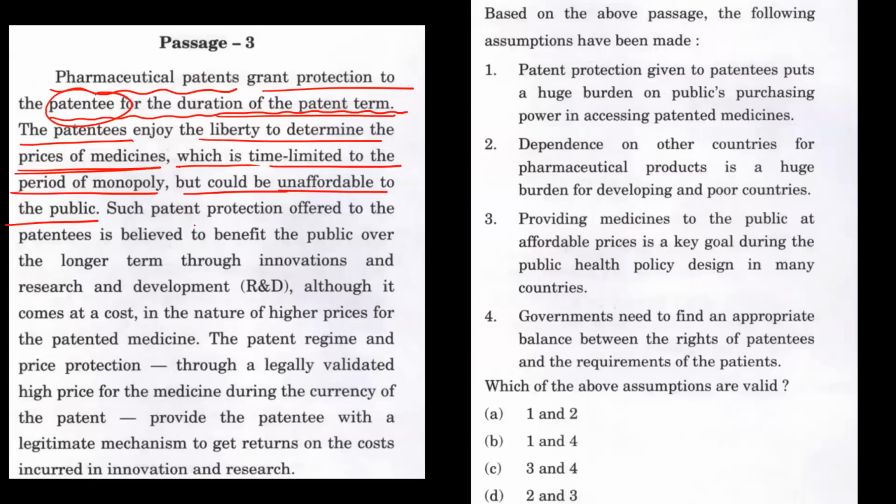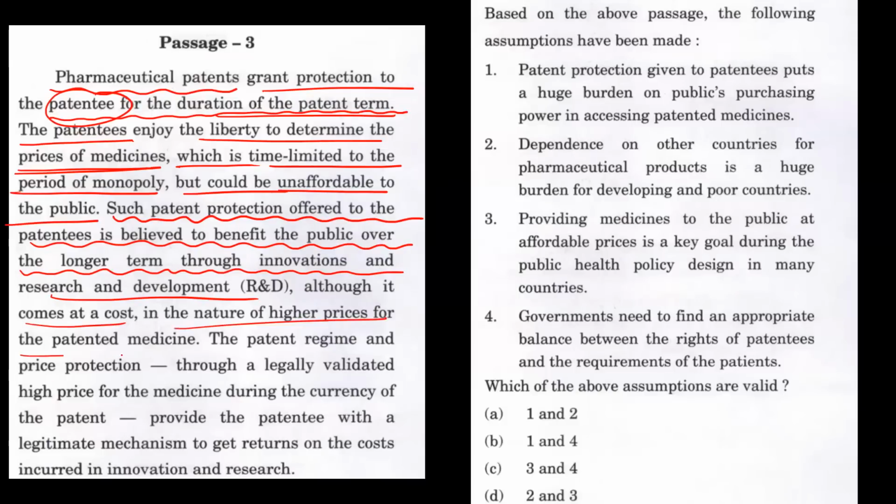Okay, let us read further. Such patent protection offered to the patentees is believed to benefit the public over the longer term through innovation. It's saying that although the prices of medicines become unaffordable, in the longer term it benefits the public through innovation and development, although it comes at a cost in the nature of higher prices of patented medicines.